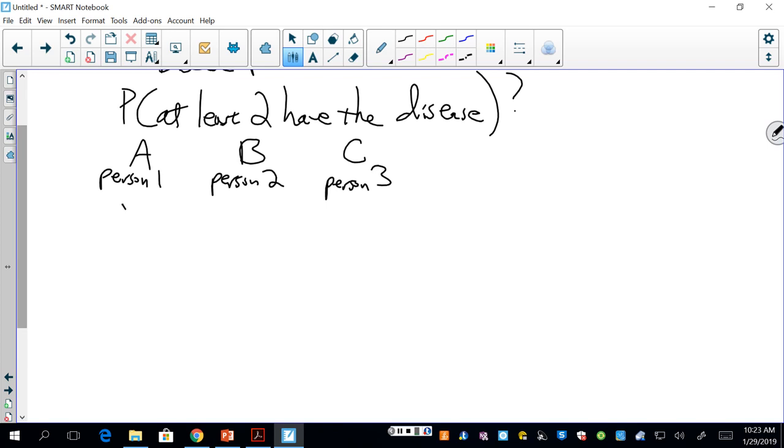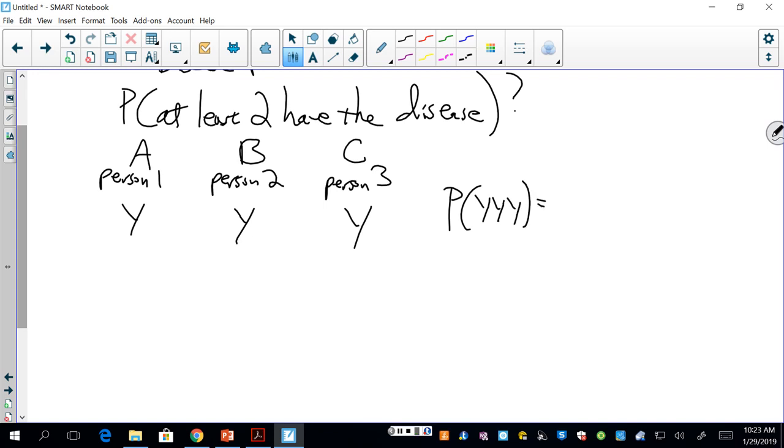One scenario would be that all three have the disease, so the Y there is that they have the disease.